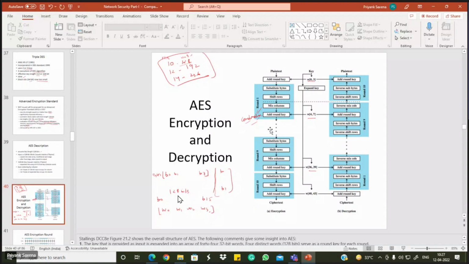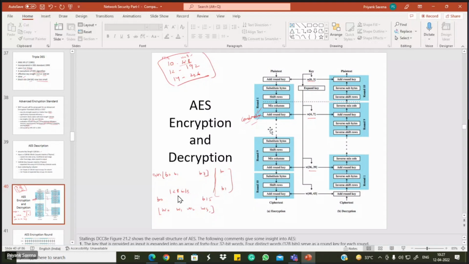And when you go to the decryption side, it is just an inverse of it, right? So the ciphertext goes, we start from the reverse side, the other side of the round keys. So this key will be used because it's a symmetric encryption. The same key should be used. So the same key is used over here when the ciphertext is given to decrypt it, and it is followed over here.